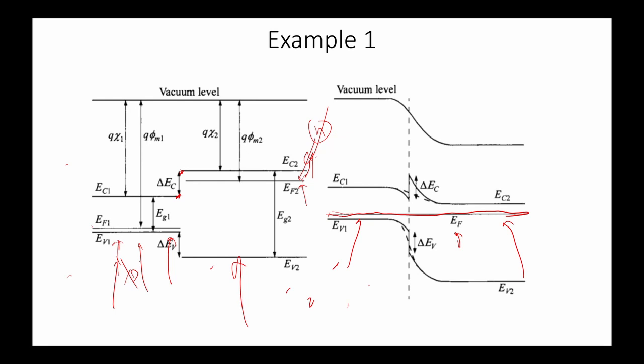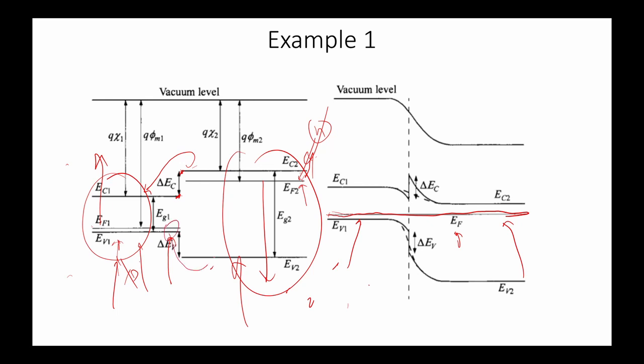Now, in this wide-gap semiconductor, the bands will move up, and these will move down, by transferring electrons from semiconductor 2 to semiconductor 1, and by transferring holes from this semiconductor to this.